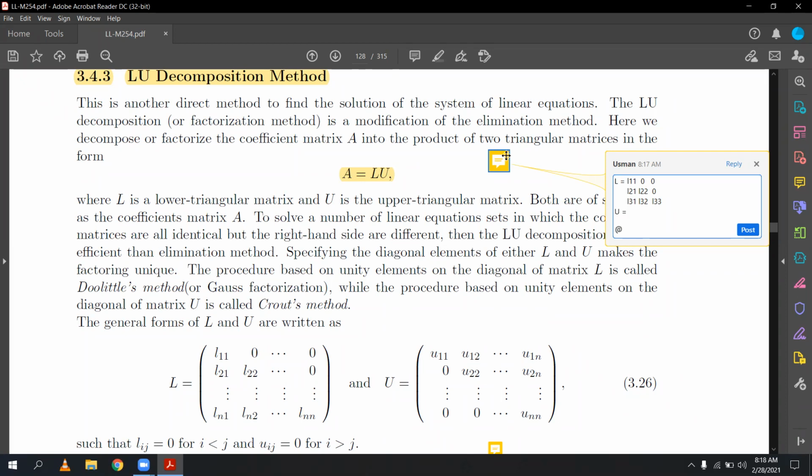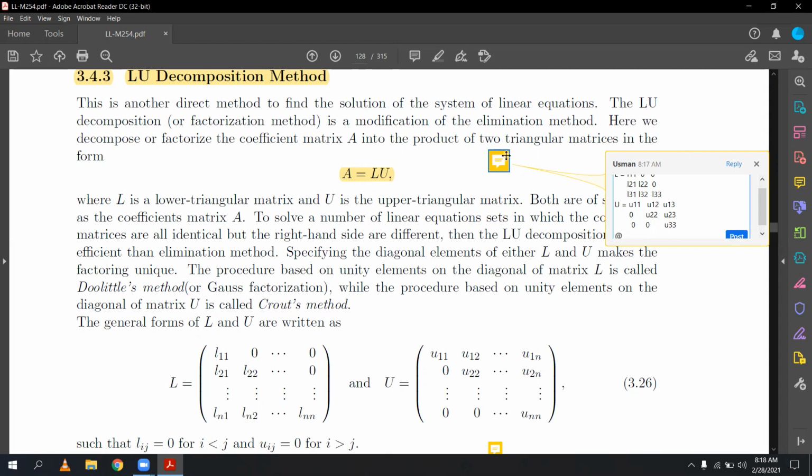What does U look like? U11, U12, U13, right? What is the second row for U? It is 0, U22, and U23. And what is the third row for the 3 by 3 matrix? 0, 0, U33.